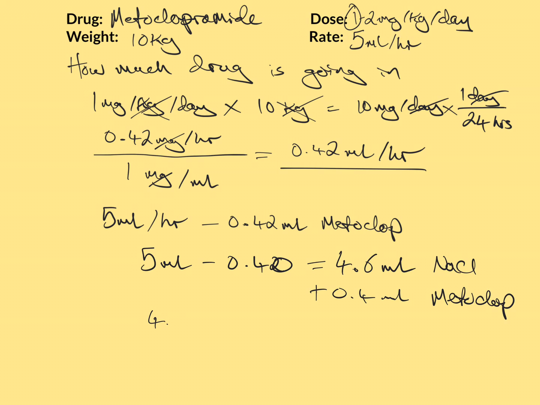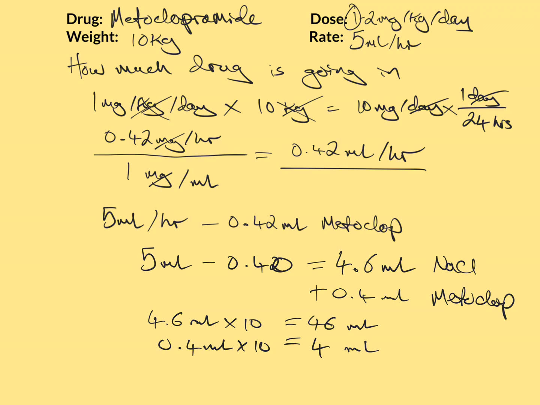So 4.6 mils times 10 is 46, and 0.4 mils times 10 is 4. So you've got 46 mils of saline plus 4 mils of metoclopramide in a syringe.